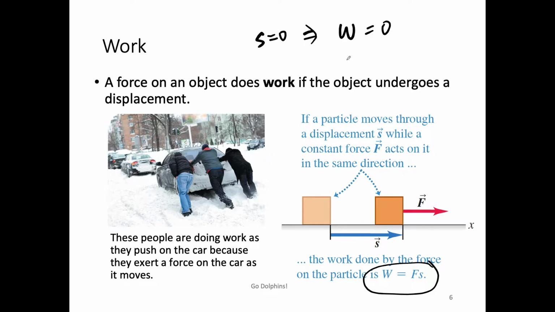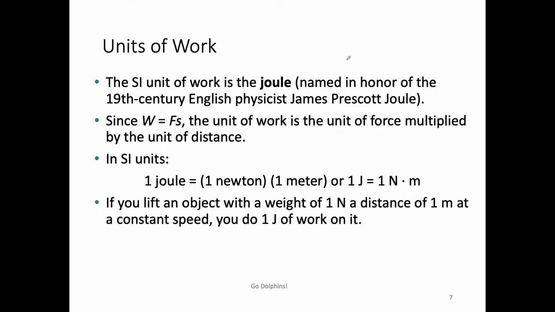So if the object doesn't move, the force acting on this object doesn't do any work, because work is force times displacement. If there's no displacement, there is no work. So you have to have force and displacement at the same time, then you have work.